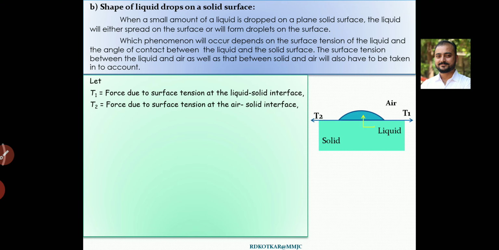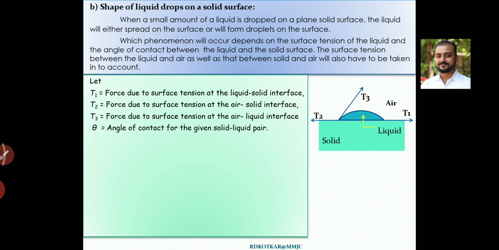Then next is the force due to the surface tension at the air-liquid interface. Where air and liquid get in contact, there is the formation of a third force, T3, which is shown here like this, which is somewhat tangential to the liquid surface, and it is the surface tension between the liquid and air molecules.